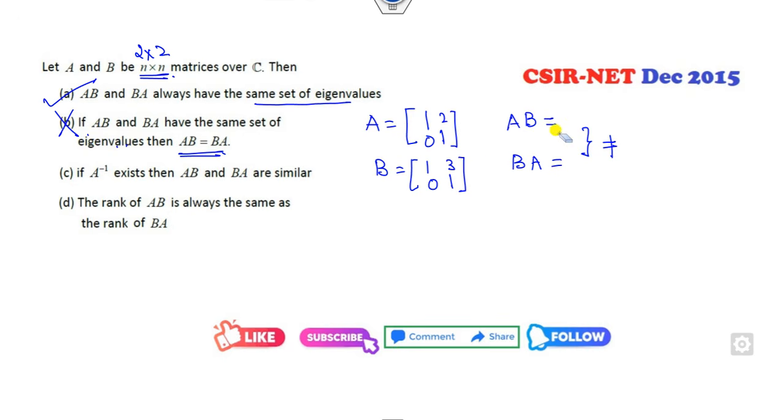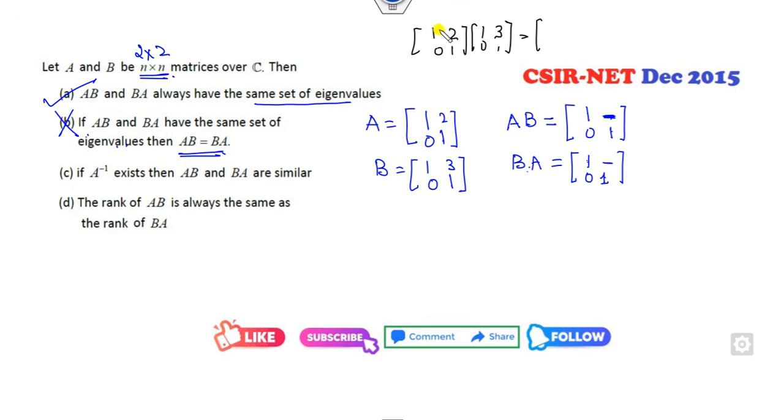But they have the same eigenvalues. Why? Because you can see the diagonal entries are 1. AB has eigenvalues 1 and 1. BA has eigenvalues 1 and 1. But is AB not equal to BA because these values are different? You can see if I multiply them, 1, 2, 0, 1, 1, 0, 3, 1.